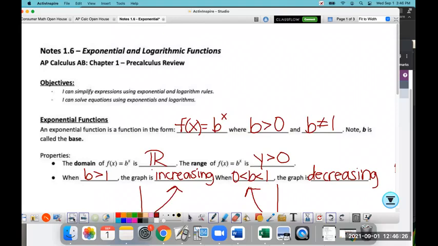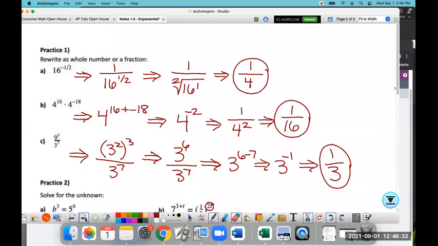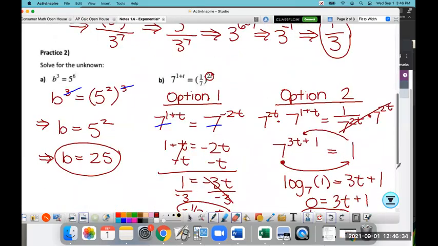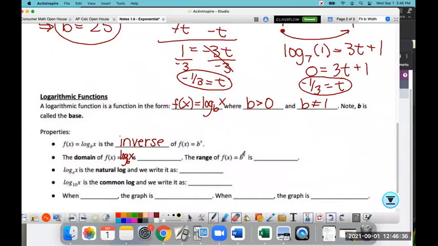Domain of b to the x is all real numbers, so that would be the range of log base b. And then if the range of b to the x is y is greater than 0, that'll be the domain of log base b.